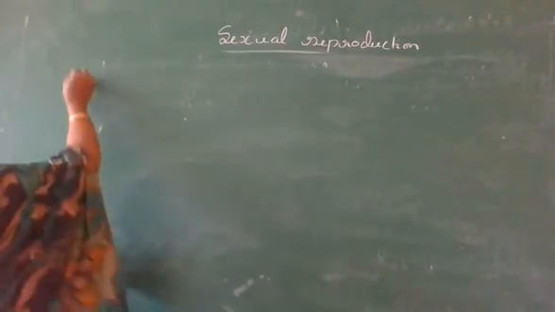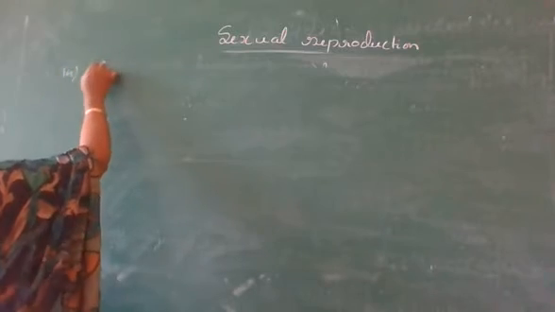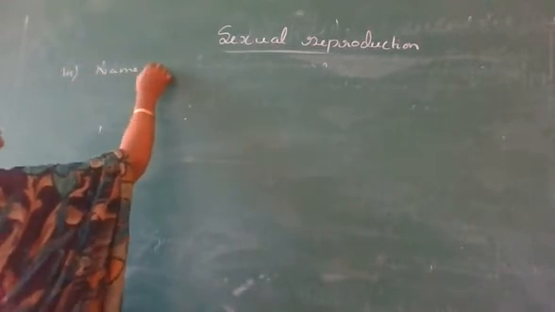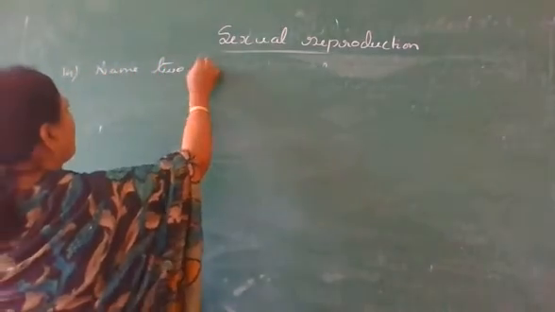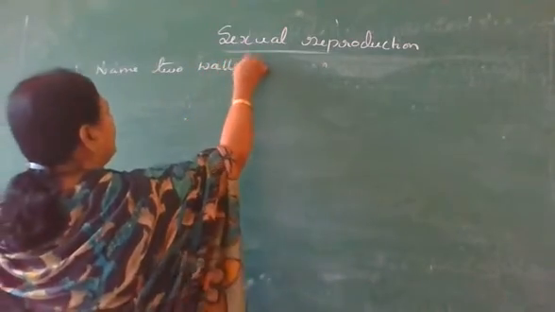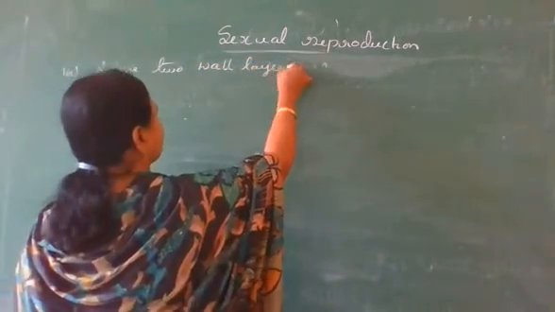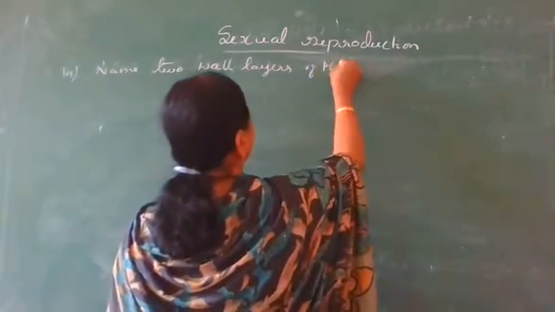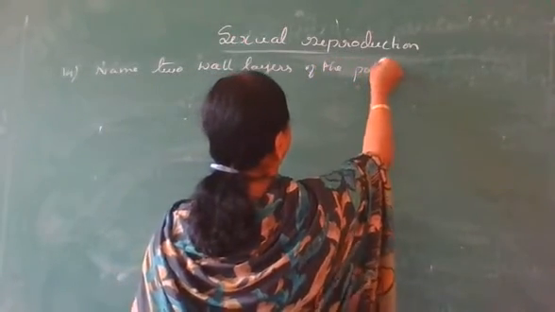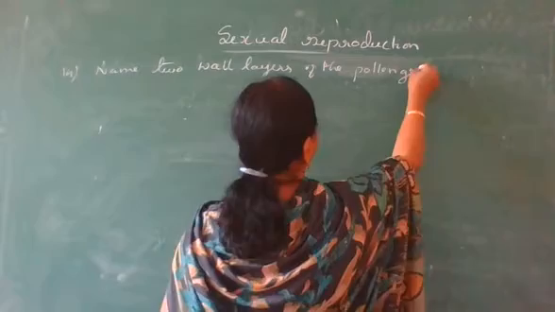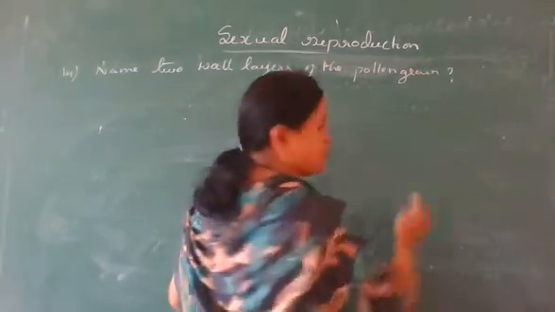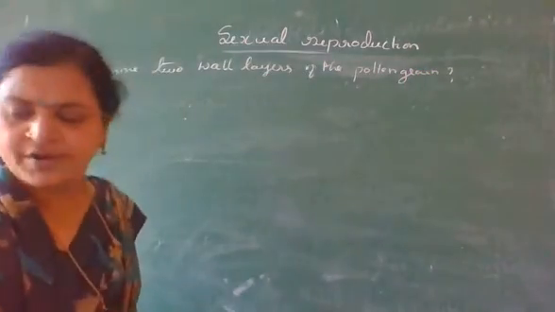Next question, that is the 14th question. Name the two wall layers of the pollen grain. Which are the two wall layers of the pollen grain?